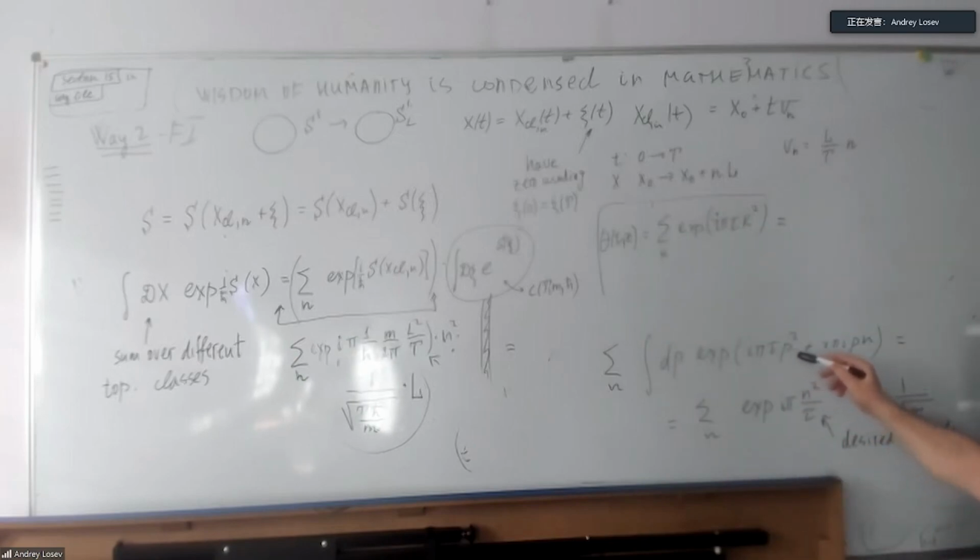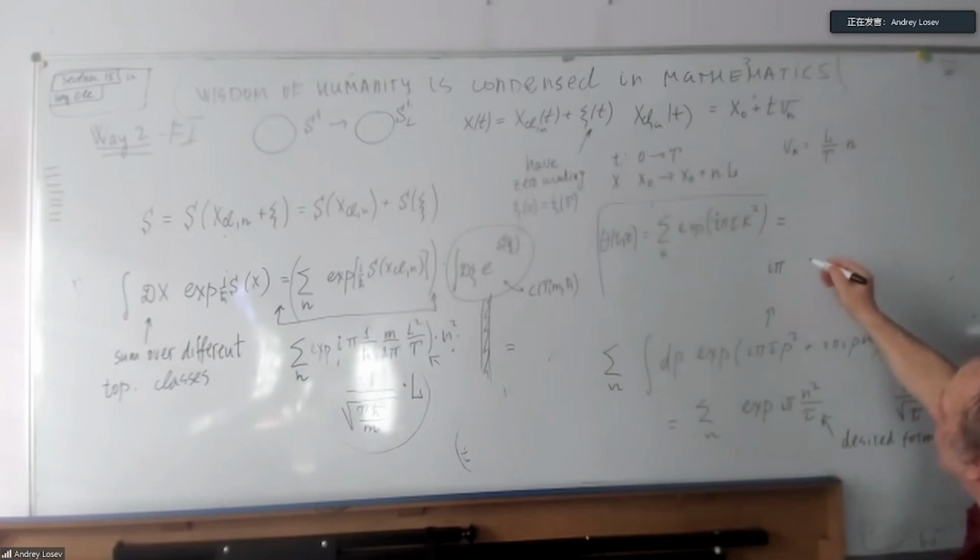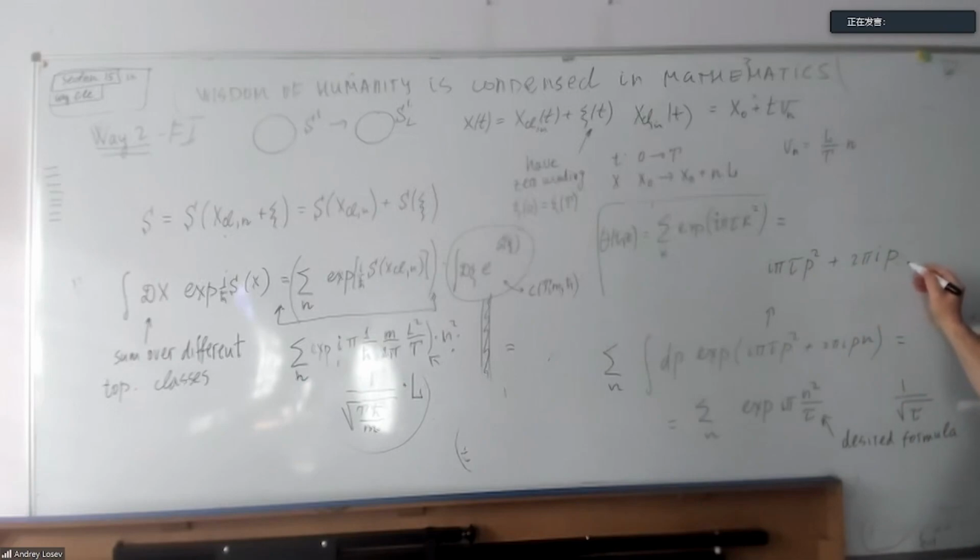I'm trying to form the complete square. i pi tau p squared plus 2 pi i pn is not a complete square.